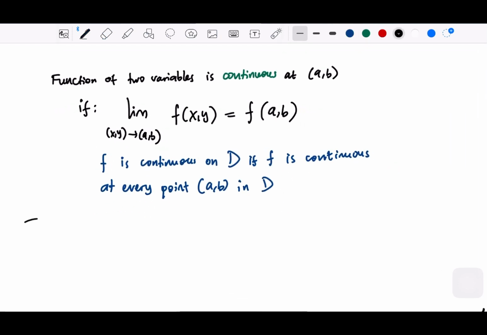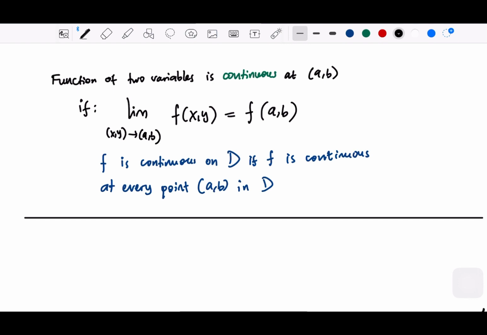So that's it. The discontinuity will happen sometimes, maybe at some limit if we take different numbers.